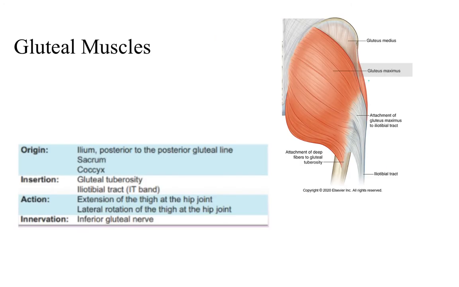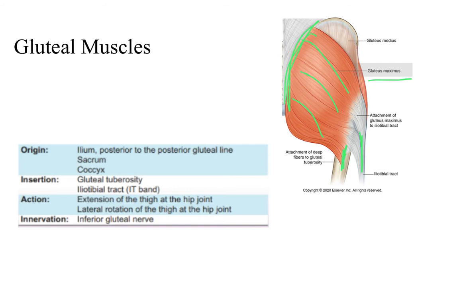All right, so starting with the gluteus maximus here, our large glute muscle. Notice that it is attached to the posterior border of the ilium. And then it's going to be attached to the IT band as well as the posterior lateral aspect of the femur.